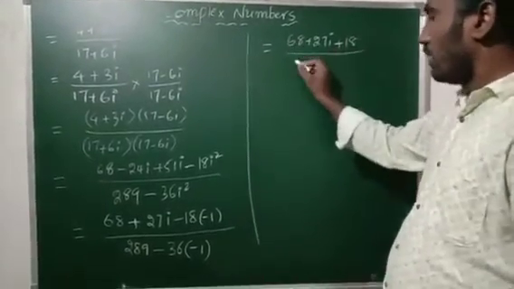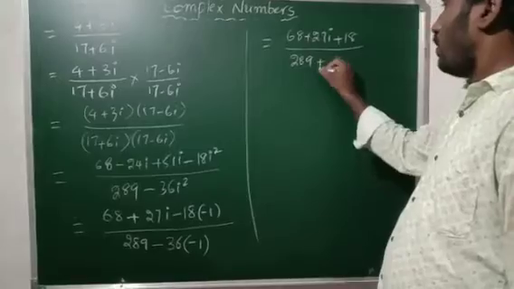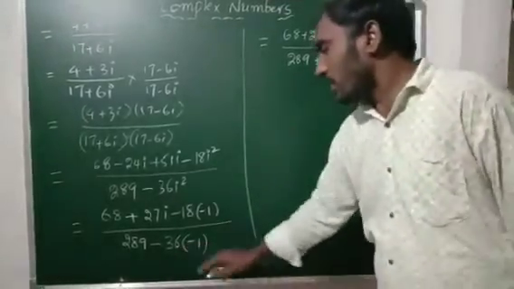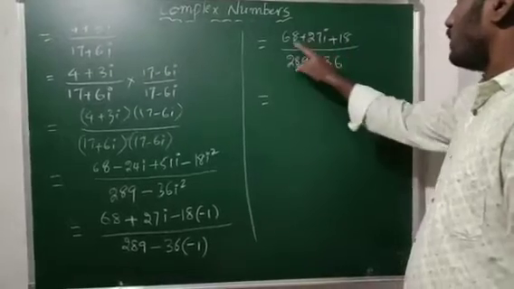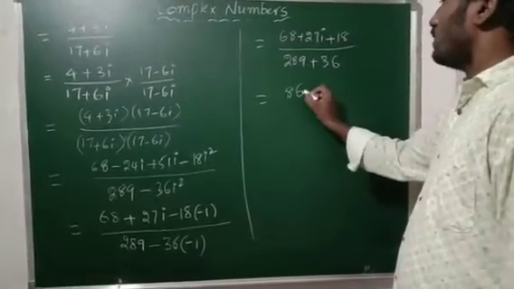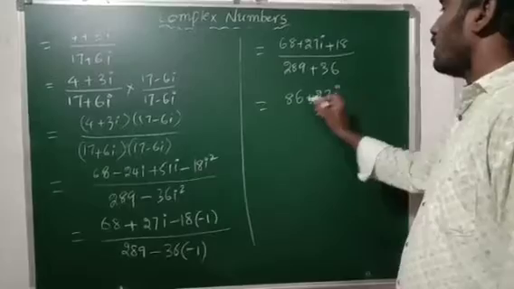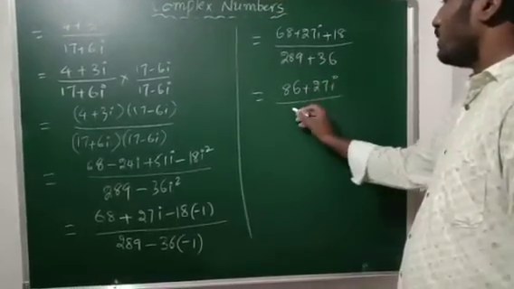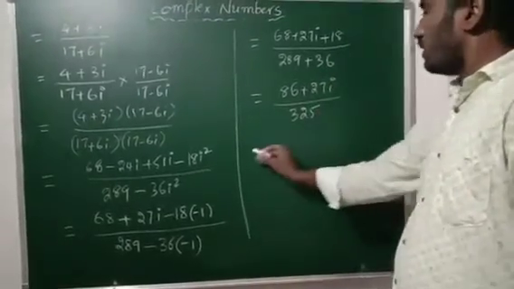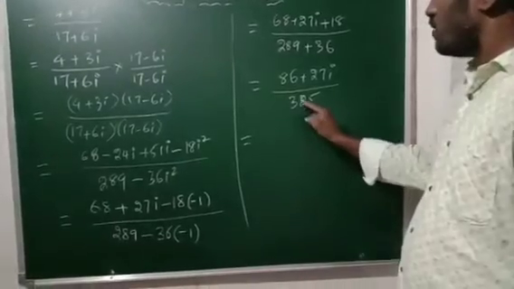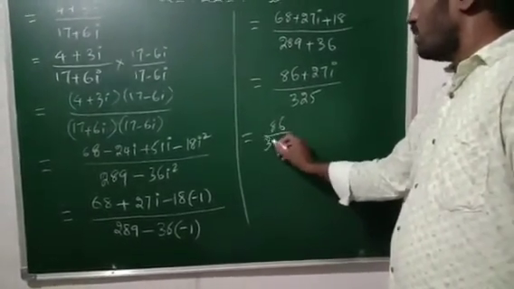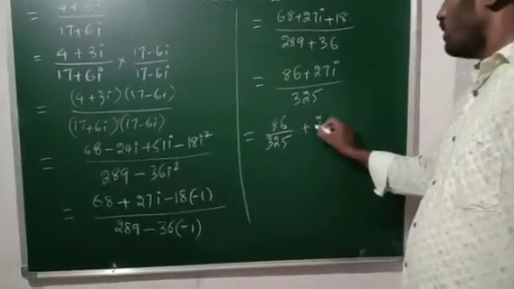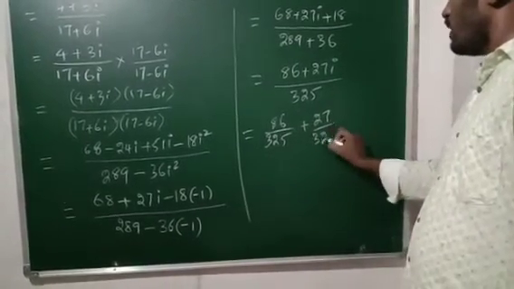So 68 plus 18 is 86, plus 27i, over 325. I am separating the denominator into two parts: 86/325 + (27/325)i.